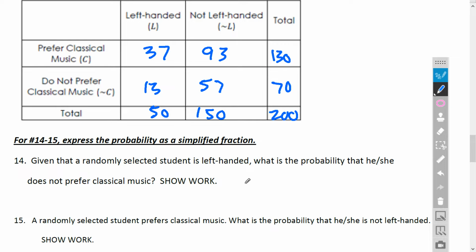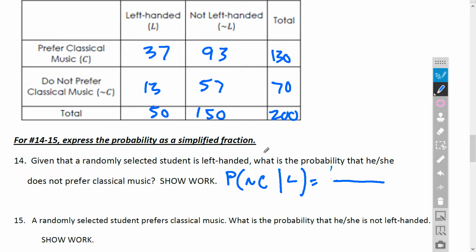Given that a randomly selected student is left-handed, so given they are left-handed, what is the probability that he or she does not prefer classical music? So not classical given that they're left-handed. So we need the probability of not classical and left-handed over the probability of just left-handed.